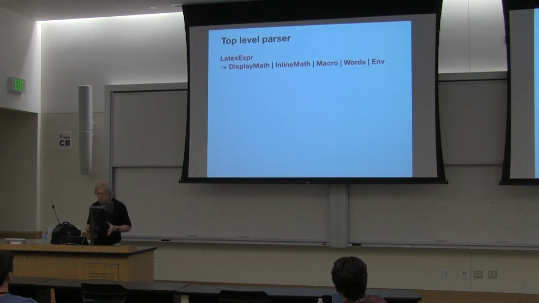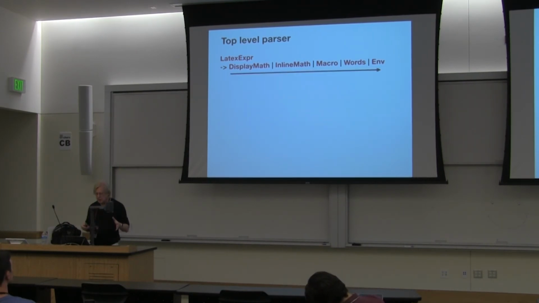So the top-level parser is going to correspond to the top-level production. And we see on the right-hand side alternation, so we know that this parser is going to be built using one of, and it's going to be a parser for LaTeX expressions.